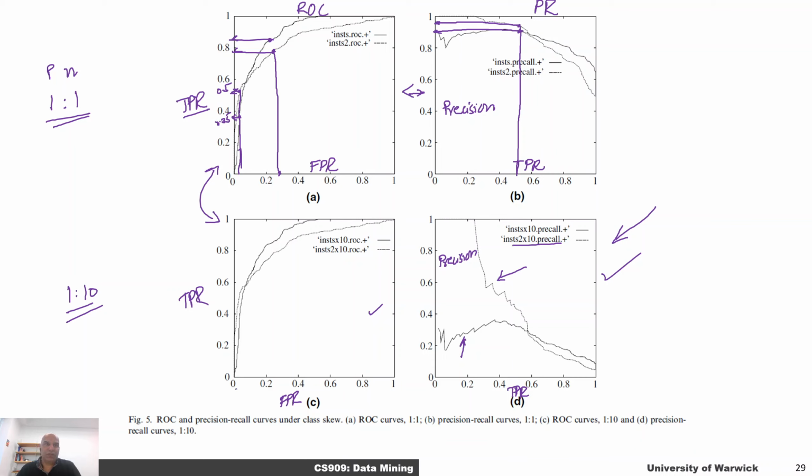Okay, so this part of the ROC curve impacts the precision recall curve much more than, let's say, this region.